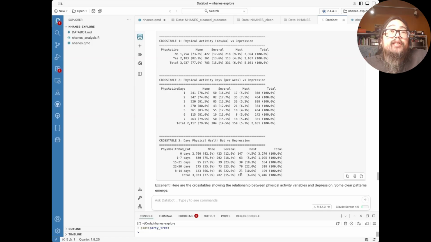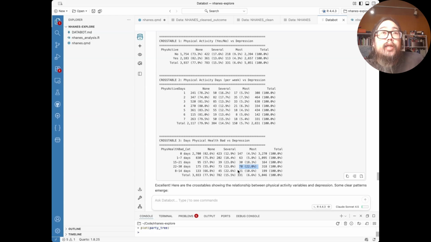I do think days of physical health bad could be informative. This is kind of hard to understand because the order is wrong, but you can see that for 22 to 30 days, we have an elevated number of people in the most-days category. The percentages actually go up as we go up in the number of physical days in the category.